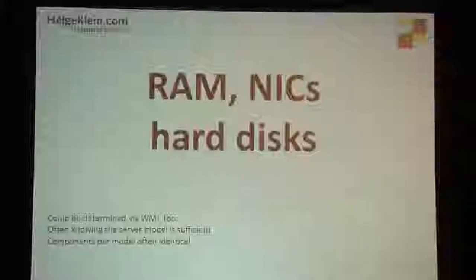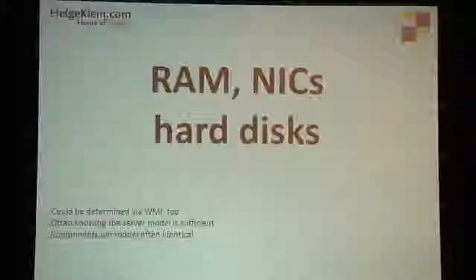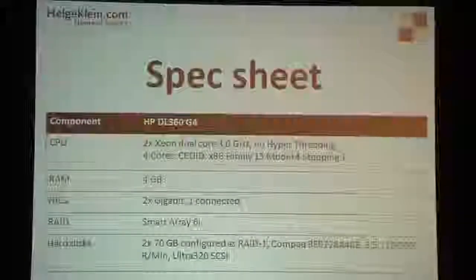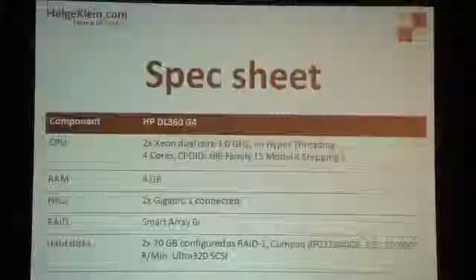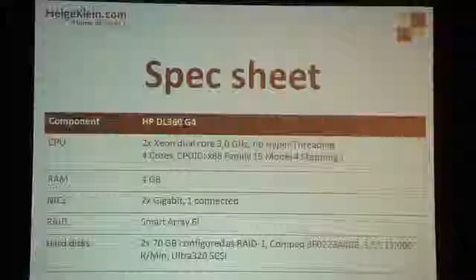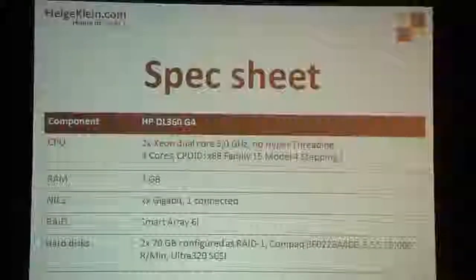Now, we'll try to make things a little bit simpler by postulating that the customer probably has only a specific number of server types in his data center. We only need to know how many of each model we have. So we put together spec sheets for the models that are in place.